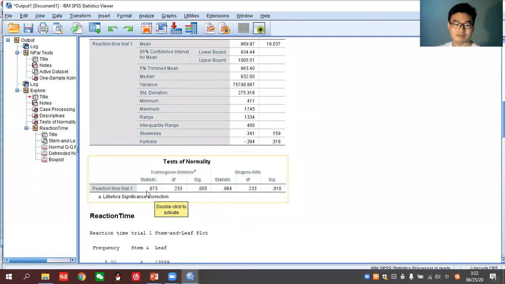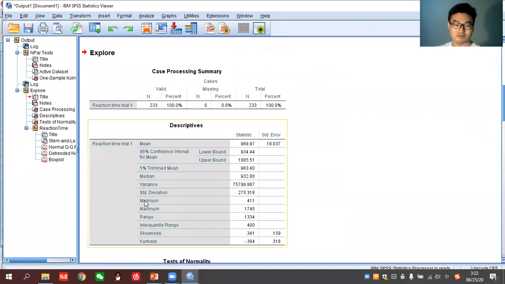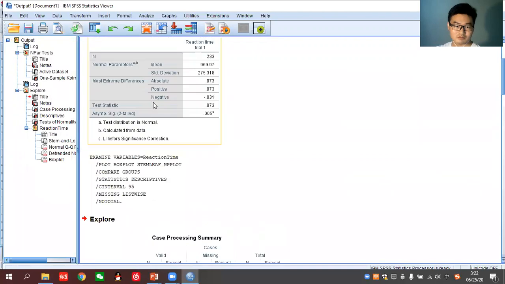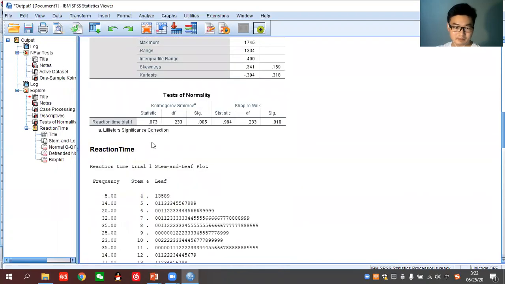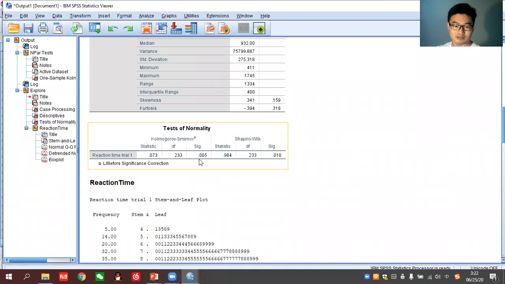Here, as we can see, the d-value, the test statistic, is the same as the value from the first way, 0.073. And the p-value is also the same.